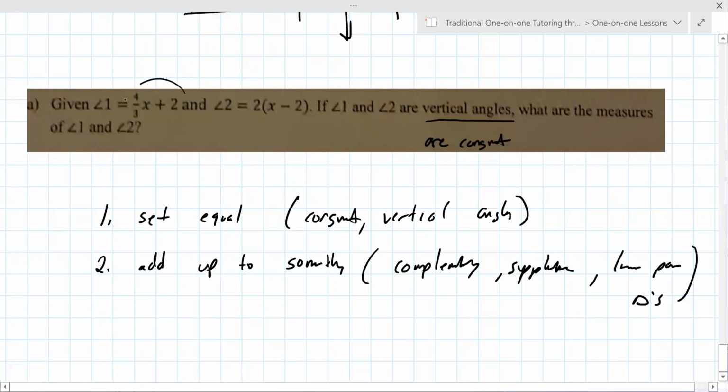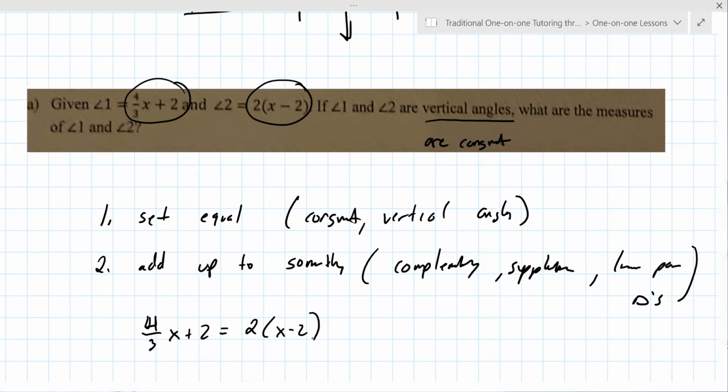You're setting them equal. The vertical angles are congruent, so you set them equal. 4/3 x plus 2 equals 2 times x minus 2. Okay, all right. I guess I'll just ask questions as we go along with the problem.